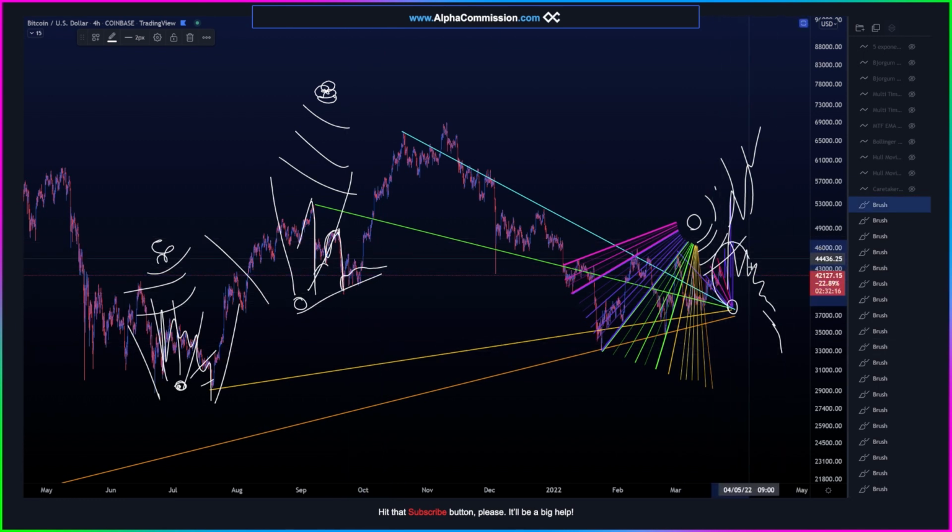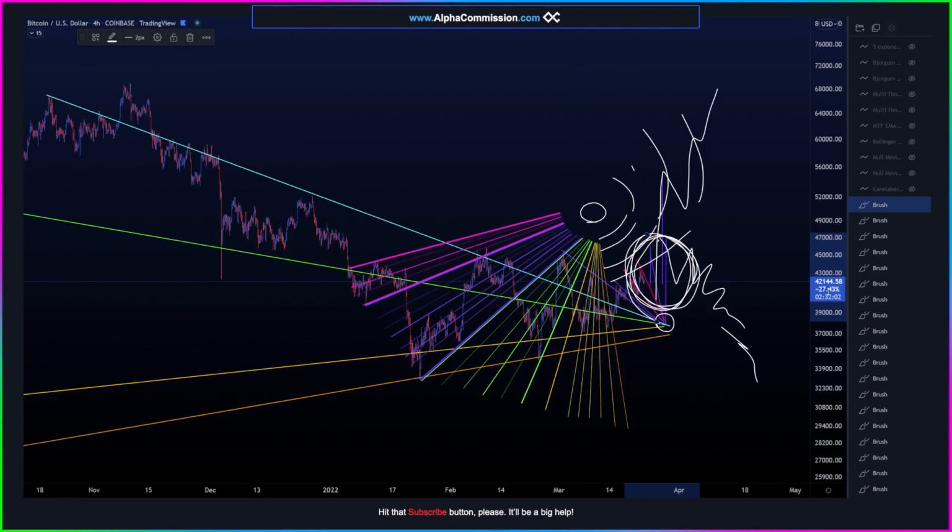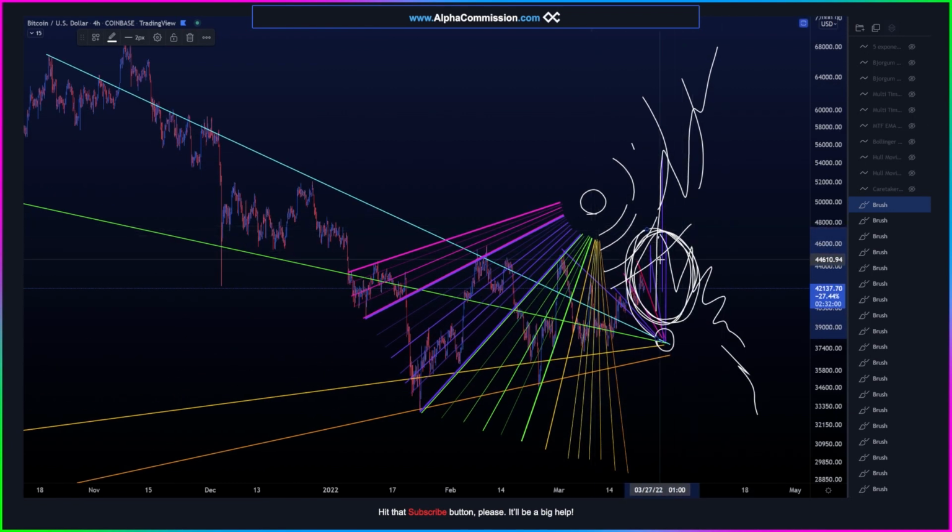So technically where we are in price action is probably one of the most dangerous spots. And that's why I think that $46,000 is such an important level to get to. And if you just think about it in terms of these radials, it's the crossover spot.